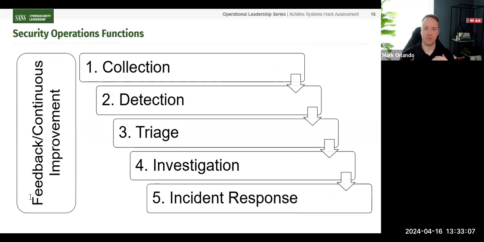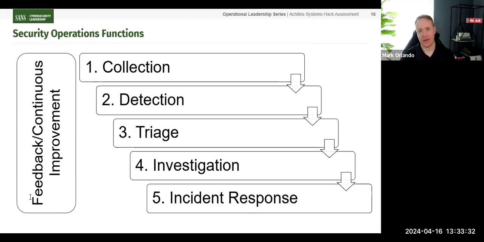So it's not enough just to build these functions out. We need to check and measure them at every step of the process. So if there are defects in the process, if one of these is not working as designed, we're not going to get the output or the outcomes that we expect. So we want to take that measurement, continuous improvement approach to each function.